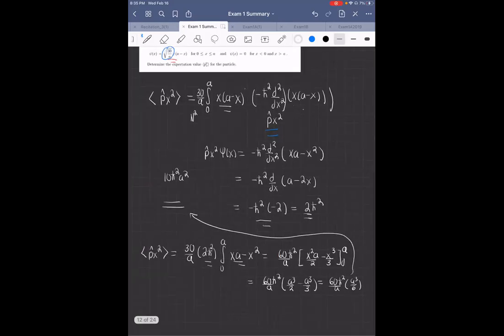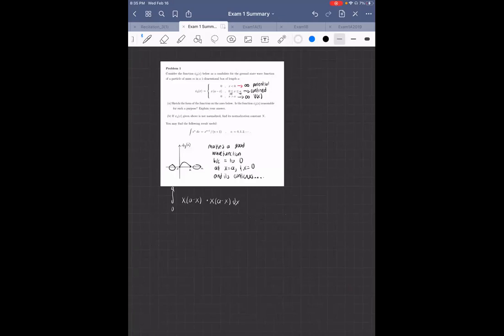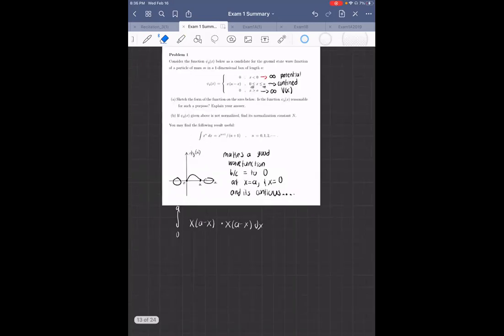Okay, so let's go to the next part. It's asking us to sketch the wave function, which I did already. They're saying this is our trial particle in the box wave function, and it's also asking, is the function a reasonable wave function for such a purpose?